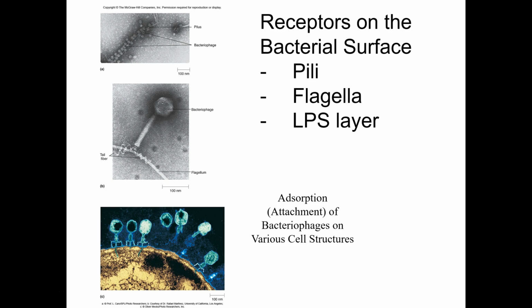Next image down is my favorite. Here you have a bacteriophage wrapping its spikes, those little legs at the bottom, to a flagella. Because that's what they recognize, the flagellin proteins. And then the bottom one is poor E. coli with T4 phages attaching to its LPS layer.